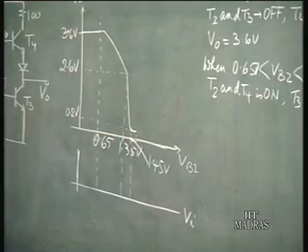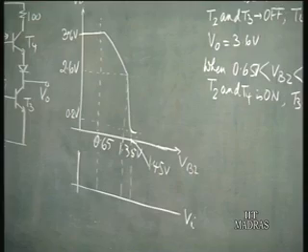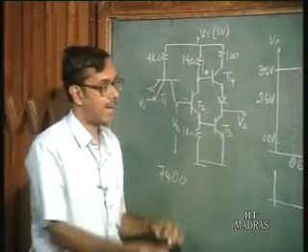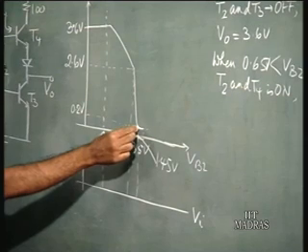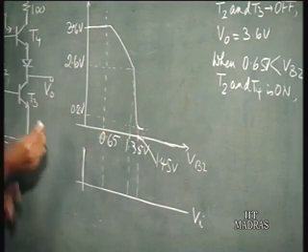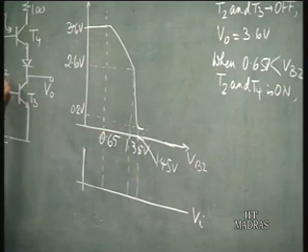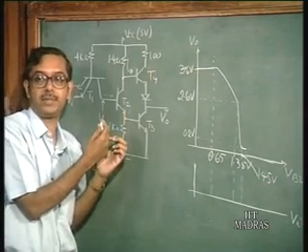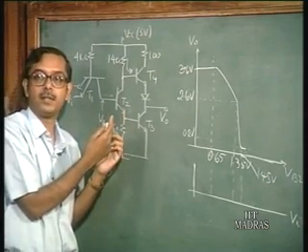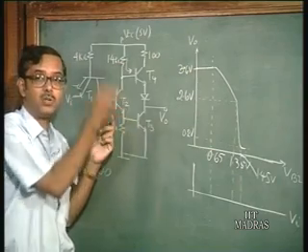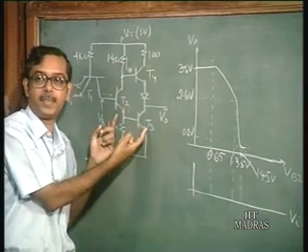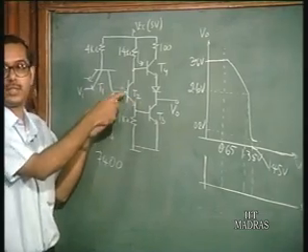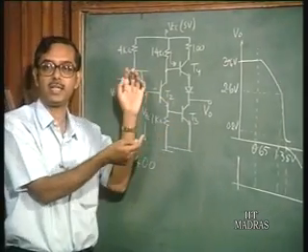Now suppose you are reducing V input from a very high value. What we want to know is at what value of Vi does T2 start coming out of saturation, because T2 will come out of saturation before T3, since we have already said that T2 goes into saturation later than T3 when you are increasing the voltage.